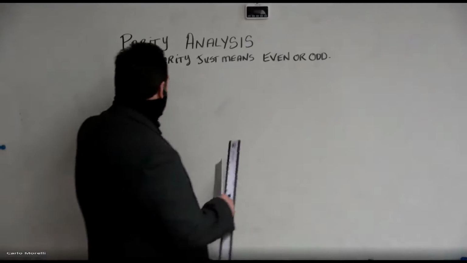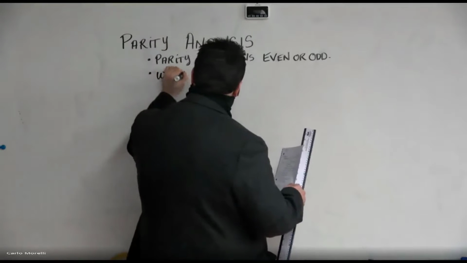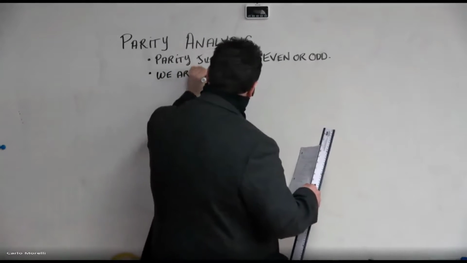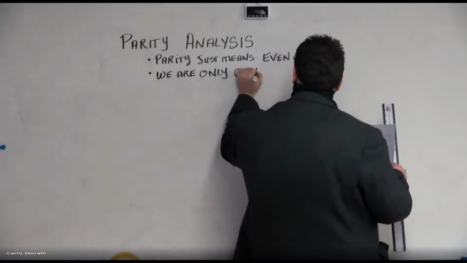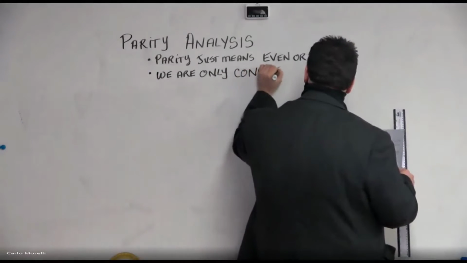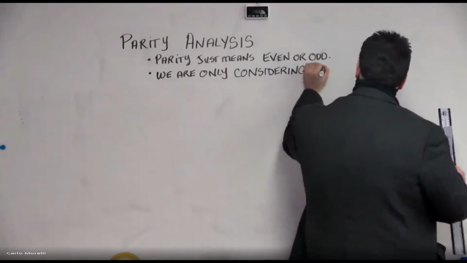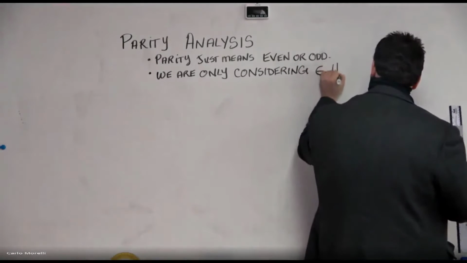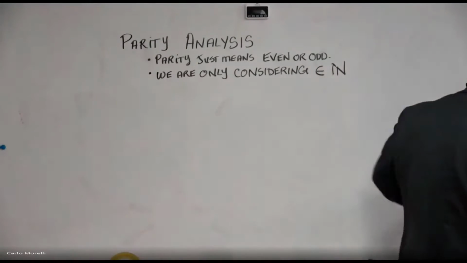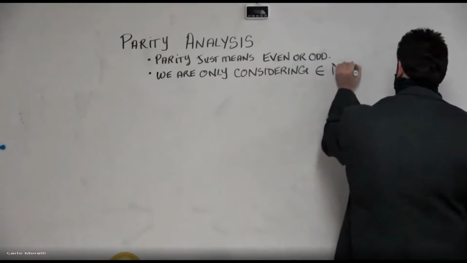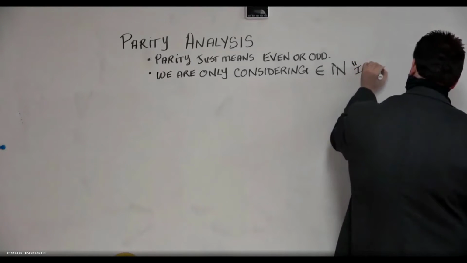Okay, here's something we need to keep in mind. We are only considering elements of the integer set. What this means is we're only considering integers in our problems today.